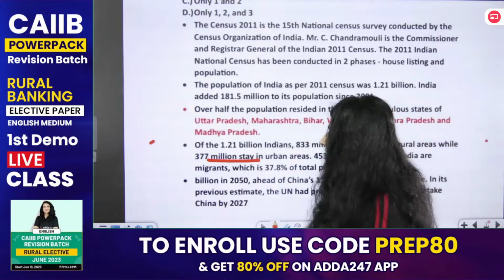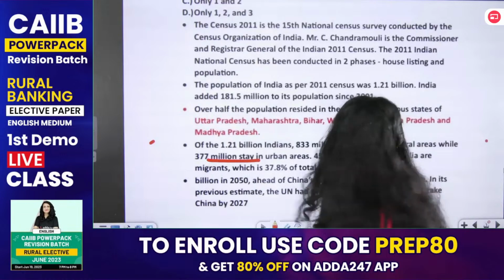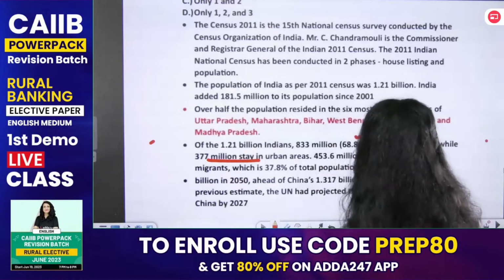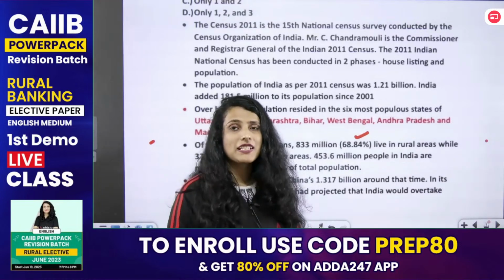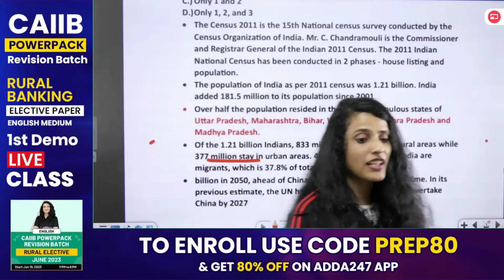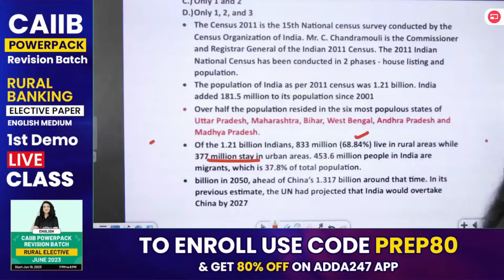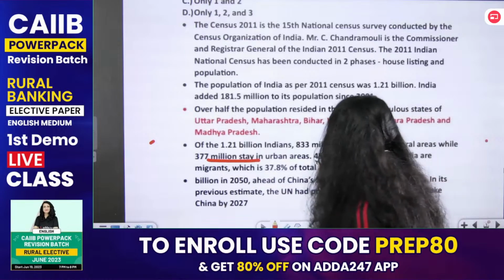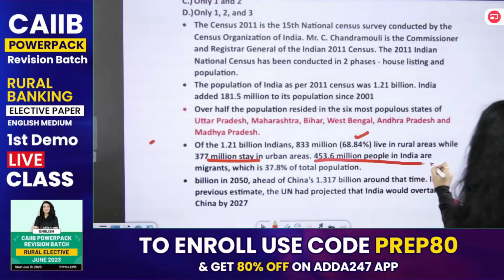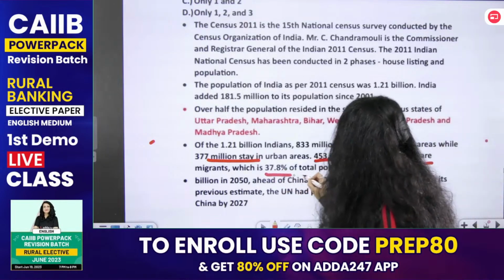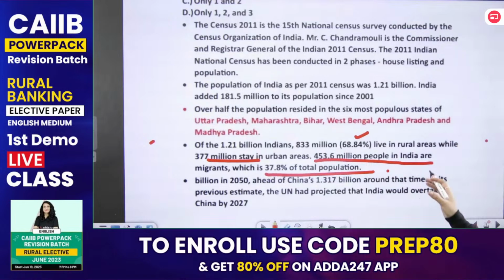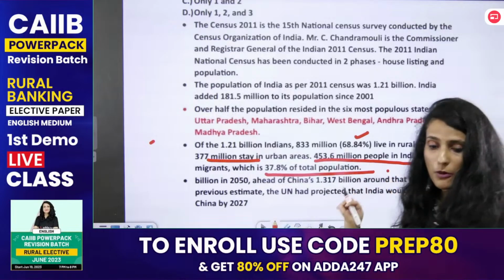As far as the rural-urban population ratio is concerned, 68.84% of people, that is 833 million people, resided in rural areas, and 377 million people stayed in urban areas. 453 million people in India were migrants, which is 37.8% of the total population.